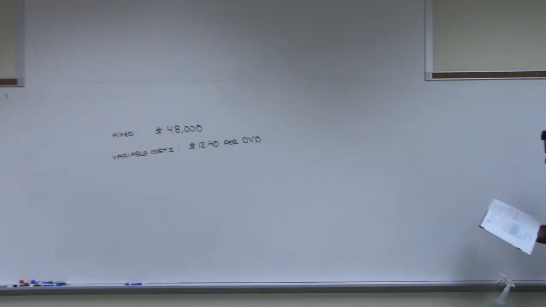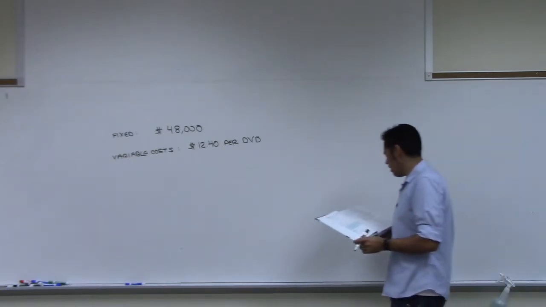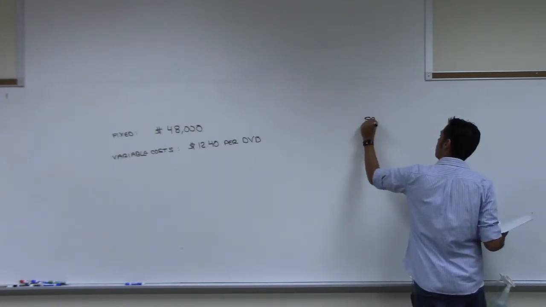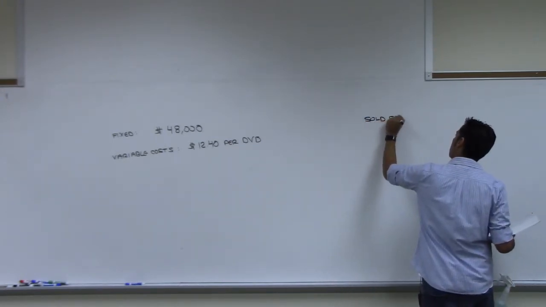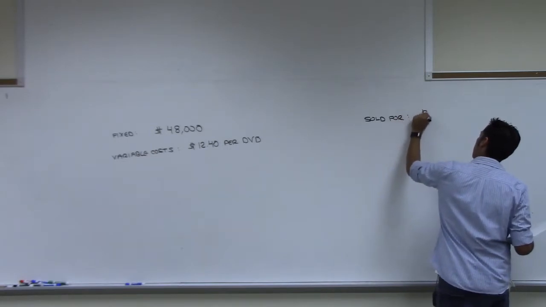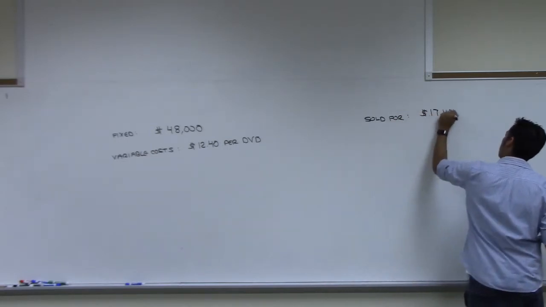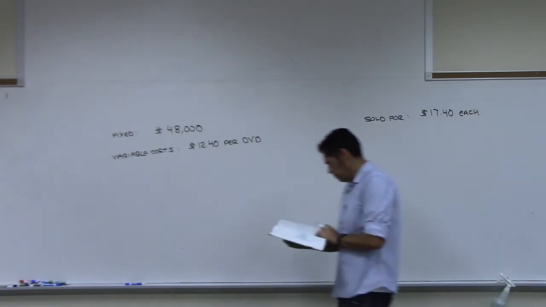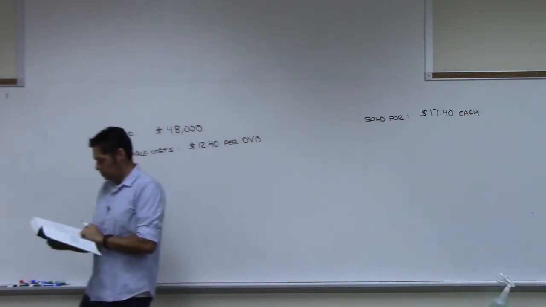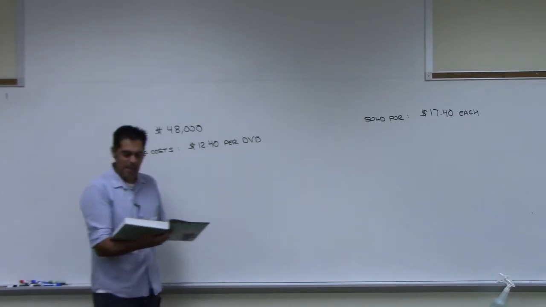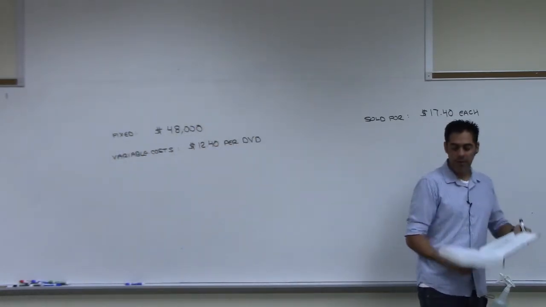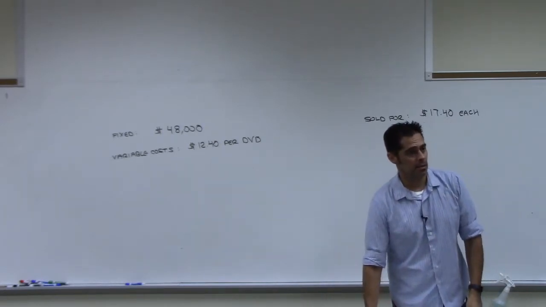The DVD is sold to retail outlets for $17.40 each. You can probably find Titanic for cheaper than that. But who buys DVDs anymore? How many DVDs must be manufactured and sold in order for the company to break even?